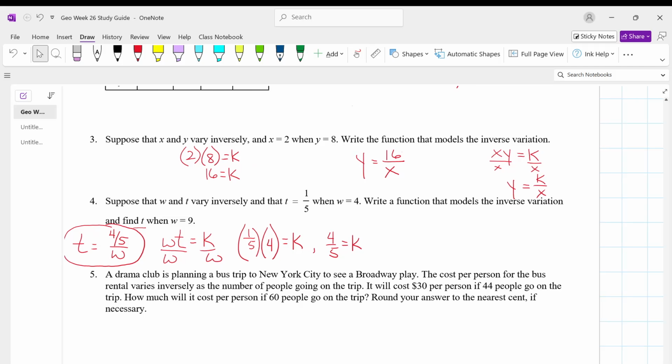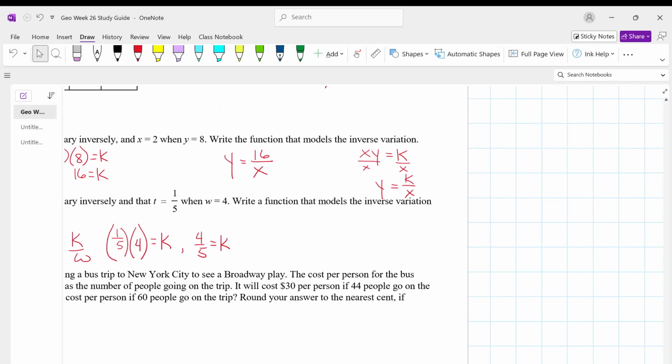So T equals 4/5 divided by W. Taking 4/5 and dividing it by W is the same thing as taking 4/5 and multiplying it by 1 over W. So what this is also equal to is 4 over 5W.